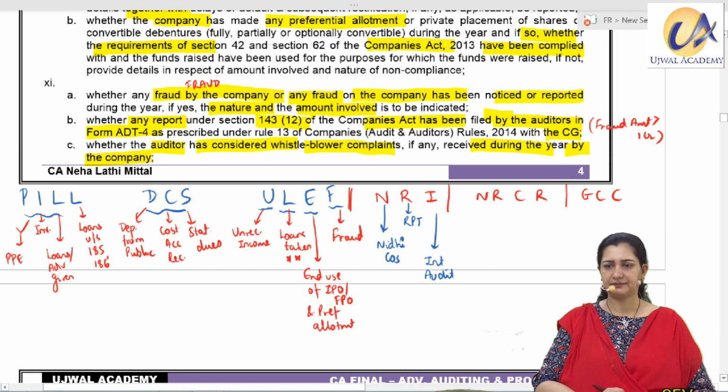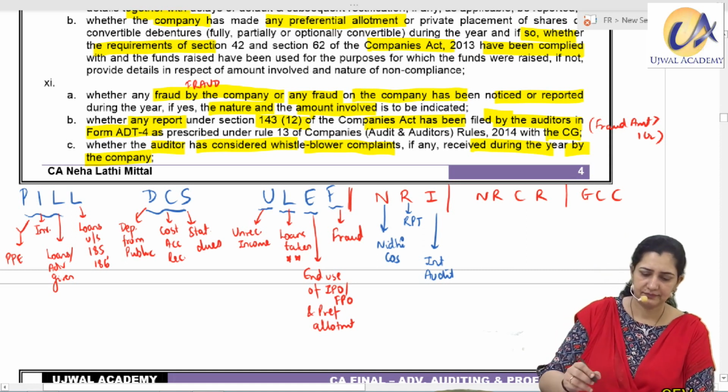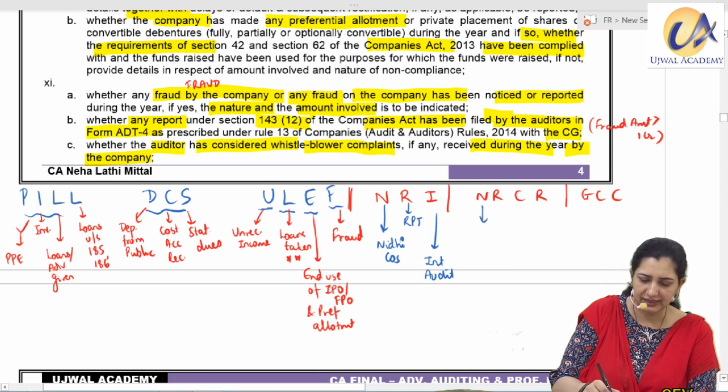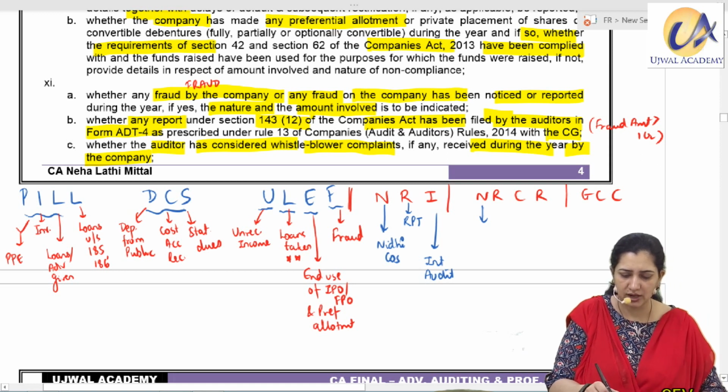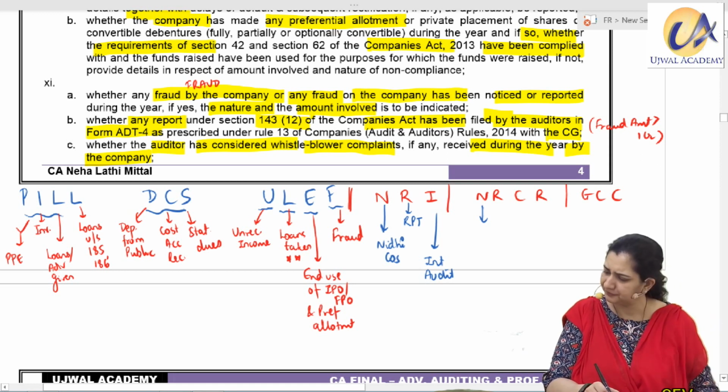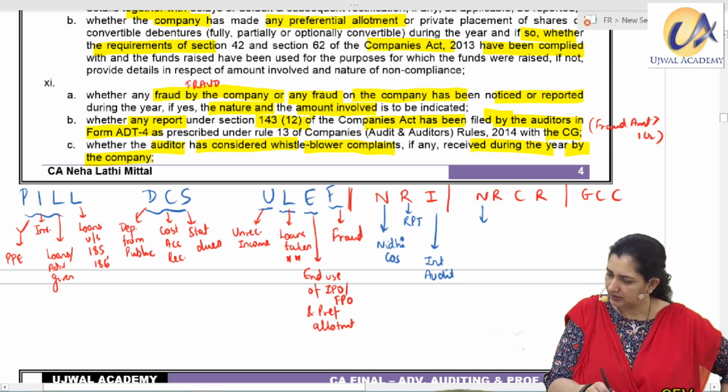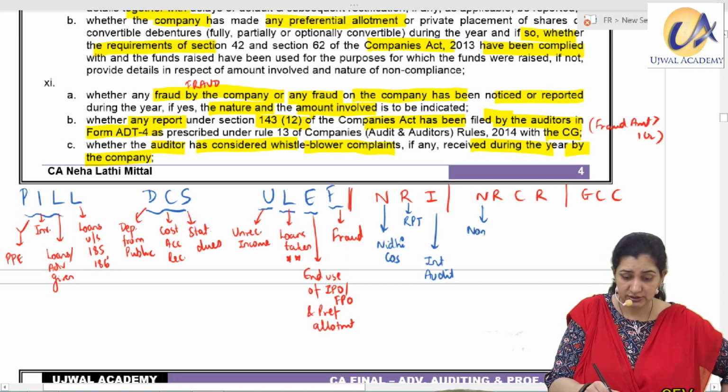NRI. Okay. Then again we had got N. This was N relating to our, what was this? Non-cash transactions.